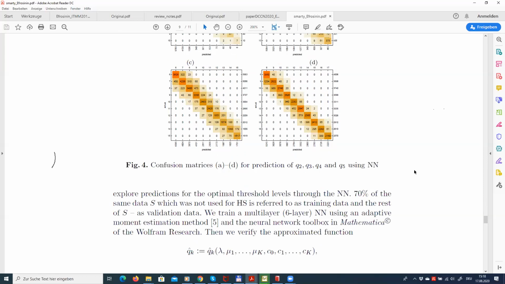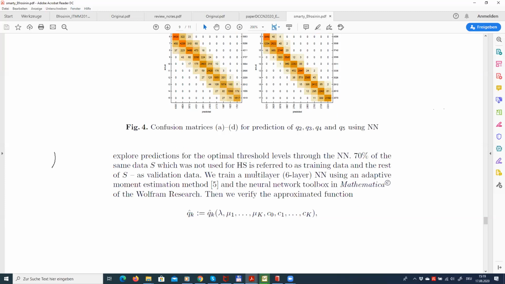70% of the same data, which was not used for the heuristic solution, is referred to as training data, and the rest is validation data. We train a 6-layer neural network using the adaptive moment estimation method and the neural network toolbox in Mathematica of Wolfram Research. And then we verify the approximated function.